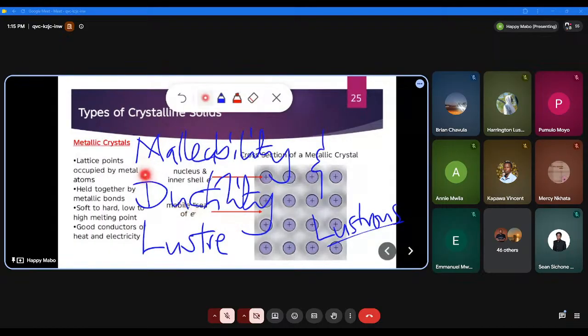We should be able to explain these properties when questions are asked. Explain the reason that metals have properties such as malleability, ductility, and luster. Why are metals lustrous? You explain in the way we have explained it. Why are metals said to be ductile or metallic crystals? In this case, we may not refer to them as metals per se.